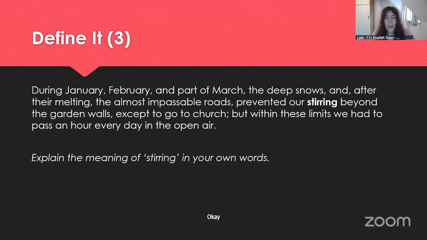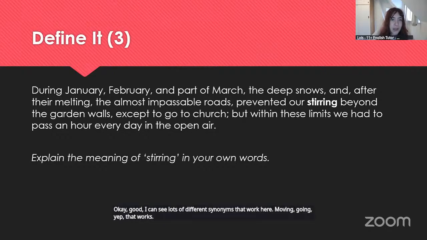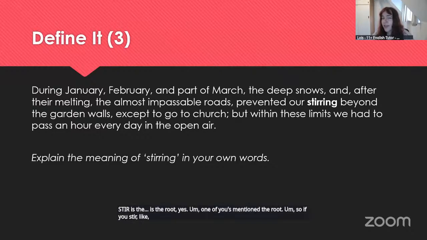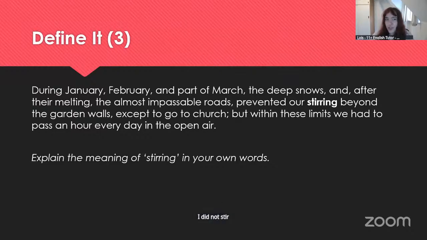Okay, right, let's have a look. So, stirring, what have you guys said? Okay, good. I can see lots of different synonyms that work here. Moving, going, yep, that works. Stir is the root. Yes, one of you mentioned the root. So if you stir, like I did not stir, I could see her stirring. Going through, going past.